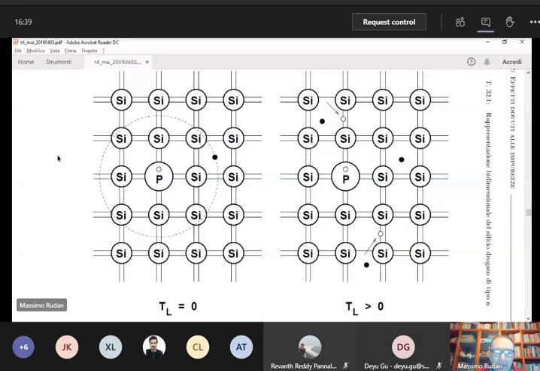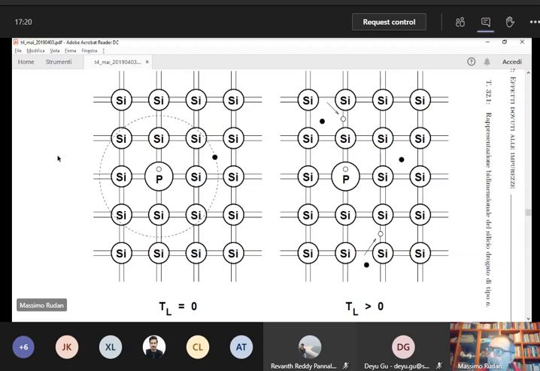And in so doing, the boron atom captures an electron or accepts an electron in it. So for this reason, it is also called acceptor type dopant. And since the free carriers that are provided by the acceptor atoms are holes, and holes are positive, the type of dopant that is obtained with acceptor atoms is also called p-type doping.